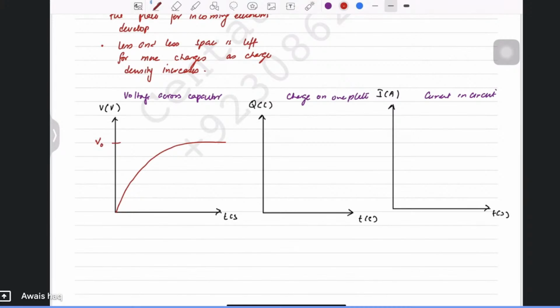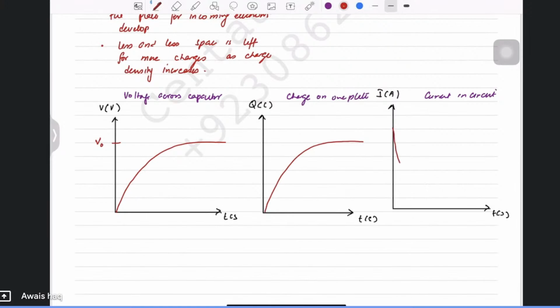Now the potential difference between the battery and the capacitor is the same, so it won't increase. The number of charges also increases, and then they reach the maximum, where they stop flowing because the capacitor is full, but the current initially is more and then slowly it decreases to 0.